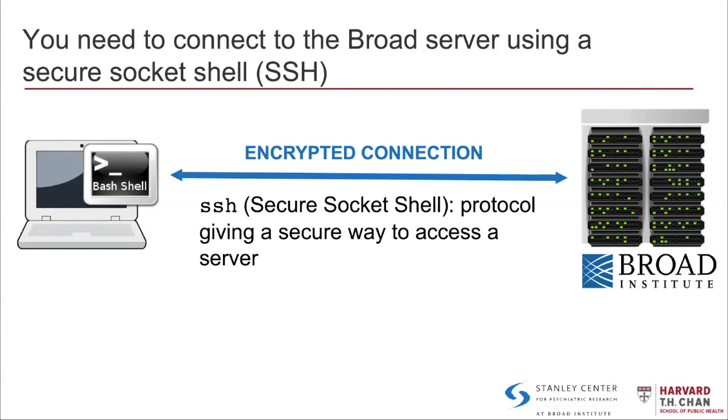To connect, you need a secure socket shell, or SSH. SSH is a protocol giving a secure way to access a server, which means it's going to encrypt the connection so that nobody from the outside can connect to the Broad server using the connection.